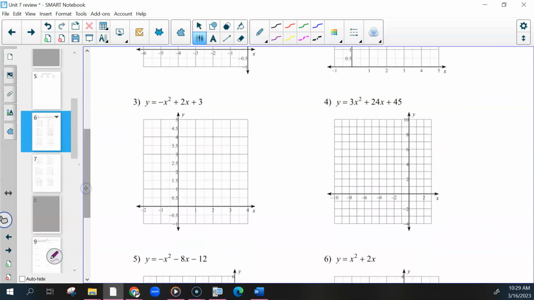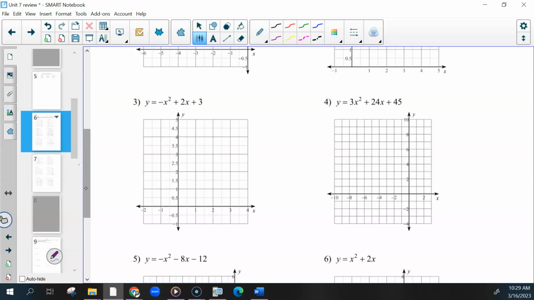So on the other review that has 6 problems, we'll do number 4. And then from this, you'll have to show me how you found your vertex, whether that's algebraically, on the graph, in the table. Do we want to do this one algebraically, on the graph, or in the table? Aaron, on the graph, okay.